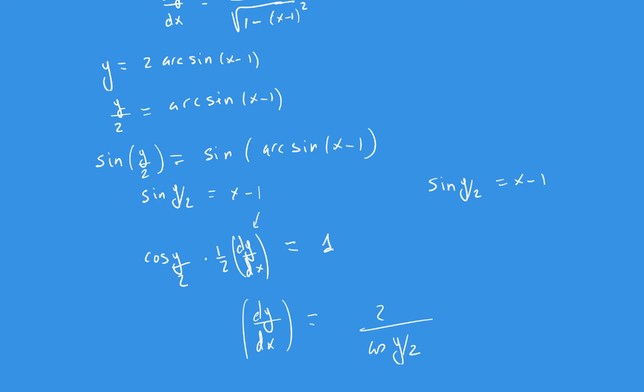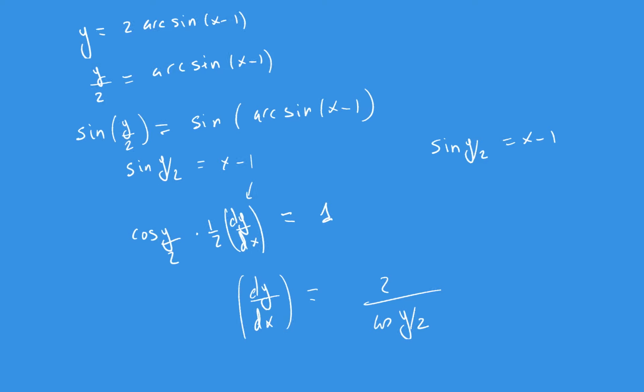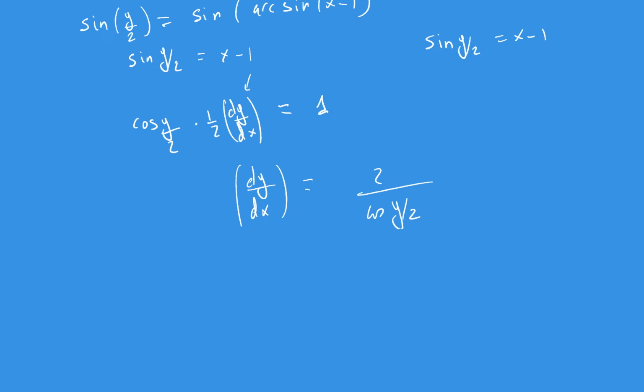The other relation that I need to use is the trigonometric relation that says that sine squared of y divided by 2 plus cosine squared of y divided by 2 is 1. This will allow me to find cosine of y divided by 2.